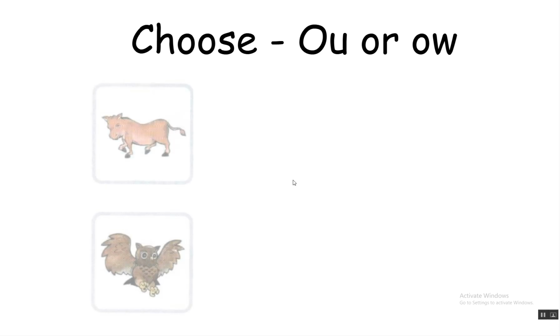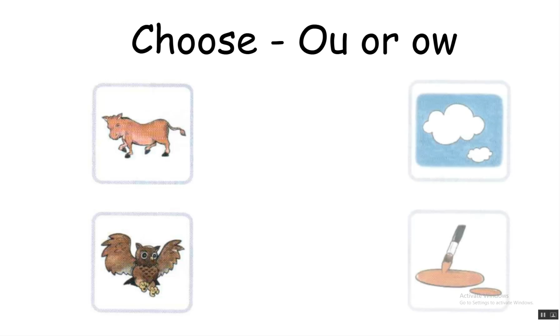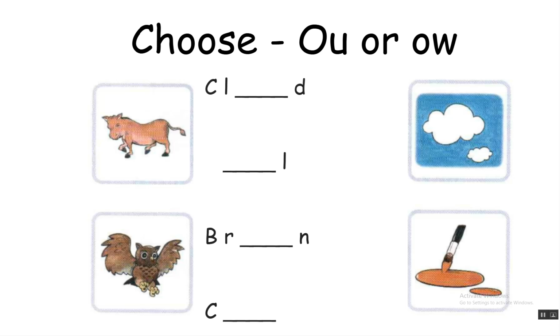Your turn now. Let's have an activity. OU or OW? Here's your pictures. I'll tell you the words. Cow, owl, cloud, brown. What's missing? I want you to use the box below and write these words because I haven't put any answers in. Which spelling is right?